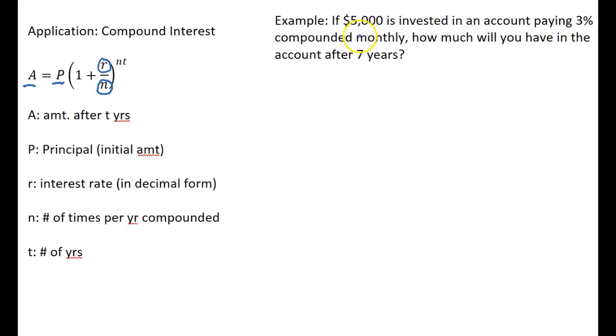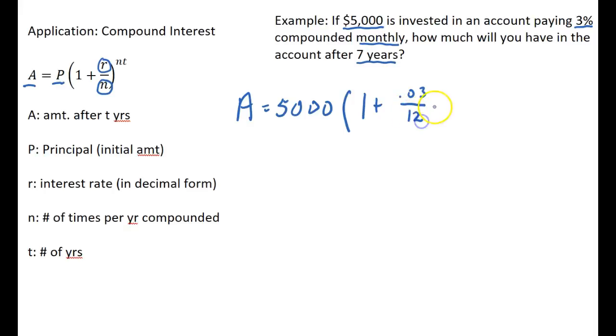So here's an example. If $5,000, that's P, is invested in an account paying 3%, that's r, compounded monthly, there's n, how much will you have in the account after 7 years? So there's t. All right, let's put everything in. A equals 5,000 times 1 plus 0.03, remember r has to be in decimal form, over 12, it's compounded monthly, raised to the 12 times 7.